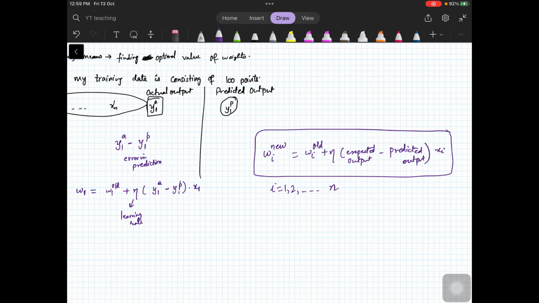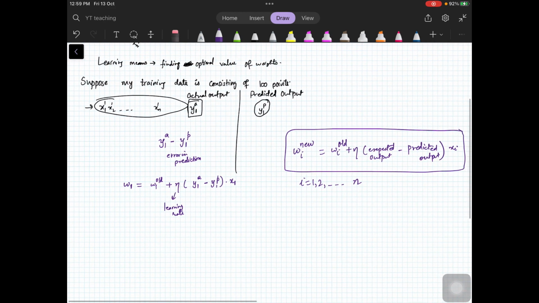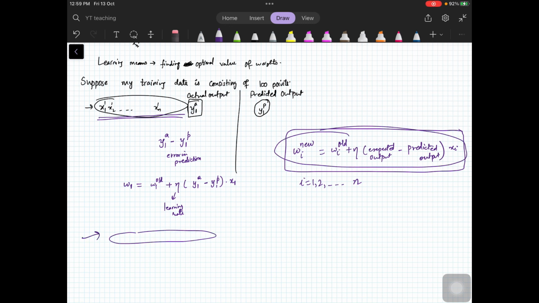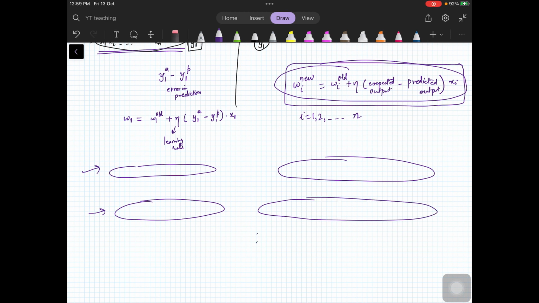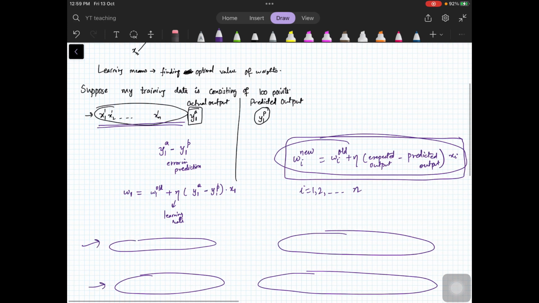For one particular training instance, suppose this is my first, I will update all the weights, and then I will go to the second instance, again update all my weights, then the third instance, and so on. You will do this till your training data set is used completely. Sometimes there may be conditions where we can stop earlier, if there is no further update in your weights. I'll give you a simple example. So this was the idea.